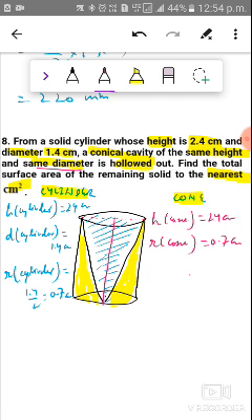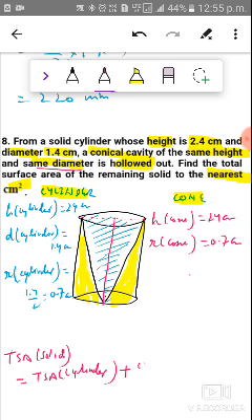Then, to find the total surface area of the remaining solid, let me write: total surface area of solid will be equal to TSA of cylinder, plus inner CSA. This is the conical cavity, so that is the CSA of cone.